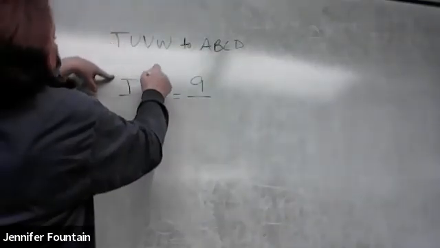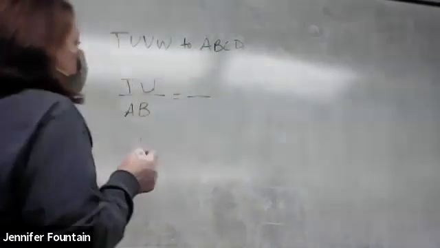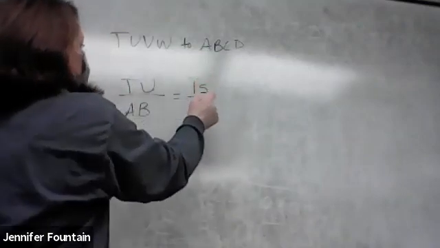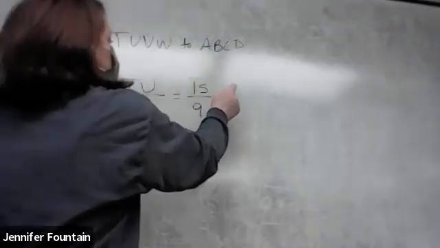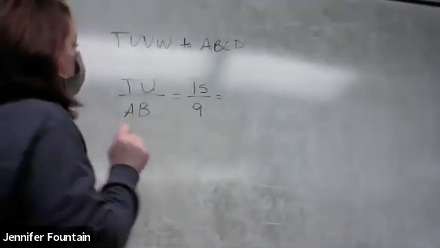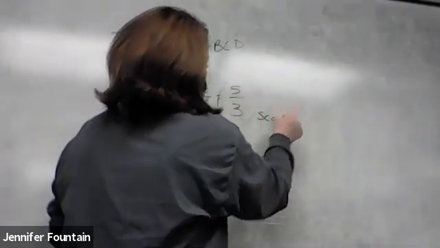So if I'm looking at TU, then I've got AB. So what is the measure of TU? 15. What is the measure of AB? 9. What would this be as a reduced fraction? Oh, 5/3. So this is considered my scale factor.